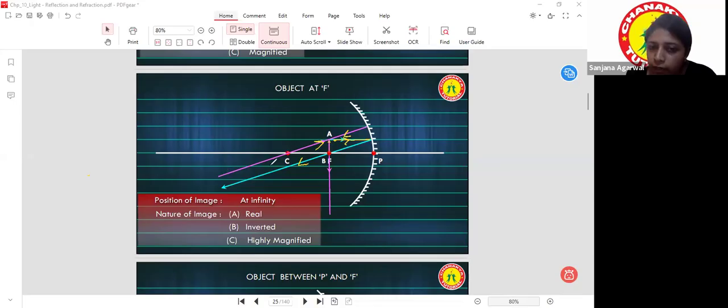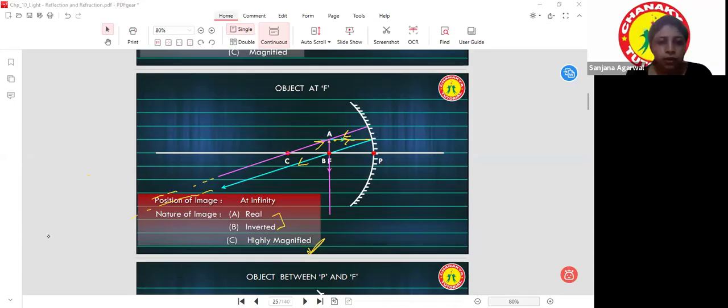So children, these are getting converged, but they seem almost parallel. They seem parallel, but it means they will converge at a very large distance. So that means the image must be getting bigger. The image will be highly magnified this time, but real and inverted. So as we are bringing our object closer and closer, the size of our image is getting bigger and bigger.